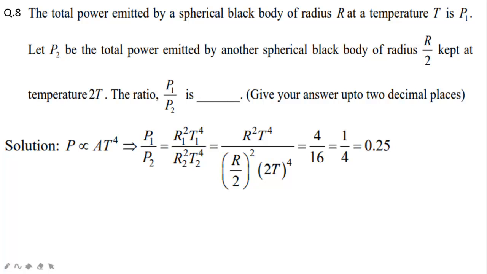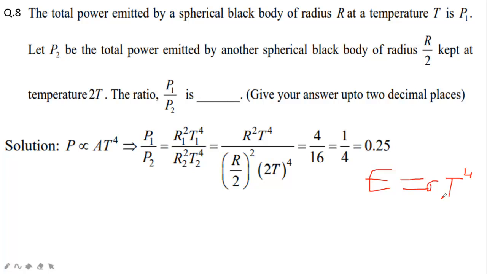Just we have to put the values of R2 and T2 in terms of R and T, and we will solve the question. We will get the answer as 0.25. It was an easy question but a tricky one too, because we used to study the formula E equals sigma T to the power 4, and if we use this formula we can never get the result, because sigma doesn't depend on the radius.